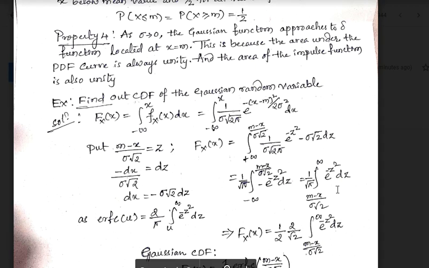As we are getting the same value here, it is 1 by root pi, and to write it in this form we are lacking a 2, so let's multiply and divide it by 2 here.